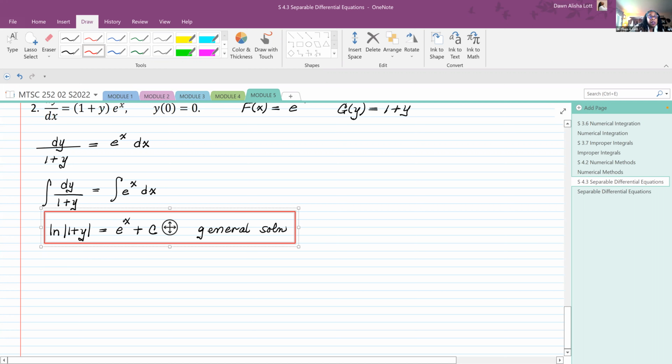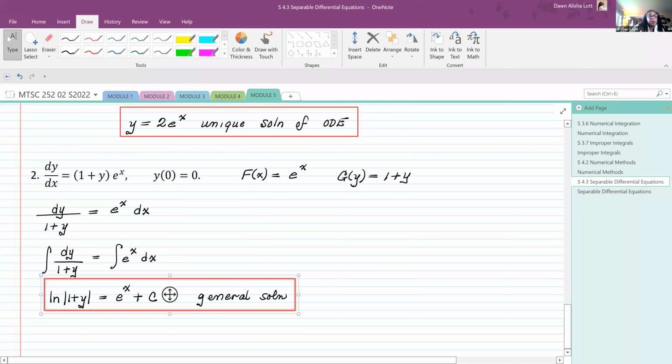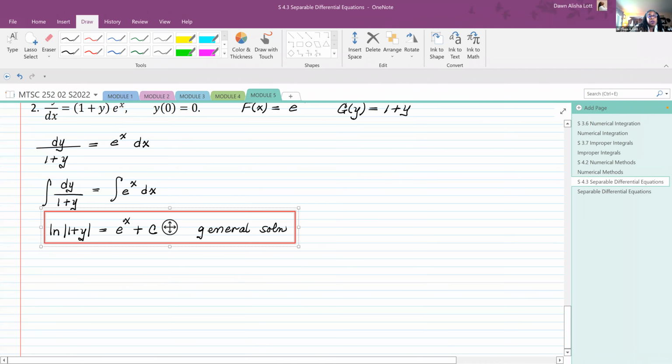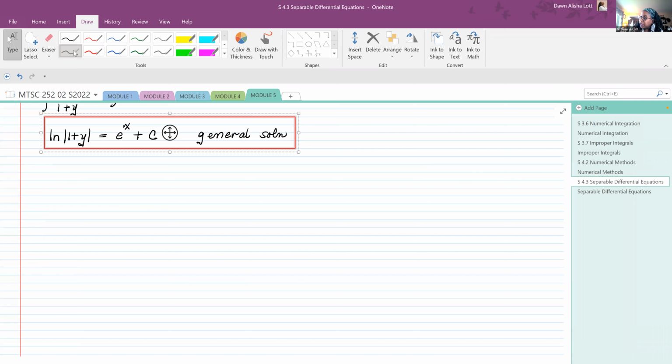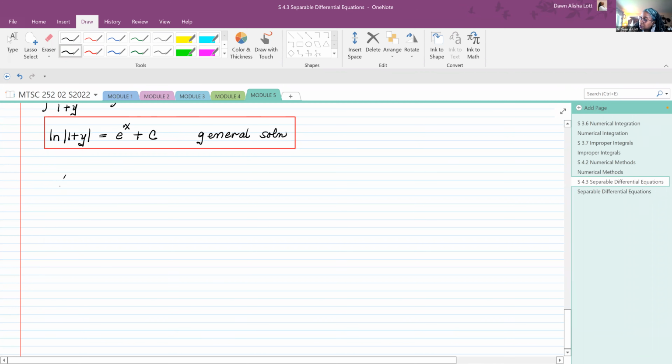Now, again, they gave us some initial information. y of 0 is 0. So we need to find the specific solution. Since y of 0 is equal to 0, we're going to get the log of 1 plus 0 is equal to e to the 0 plus a constant.